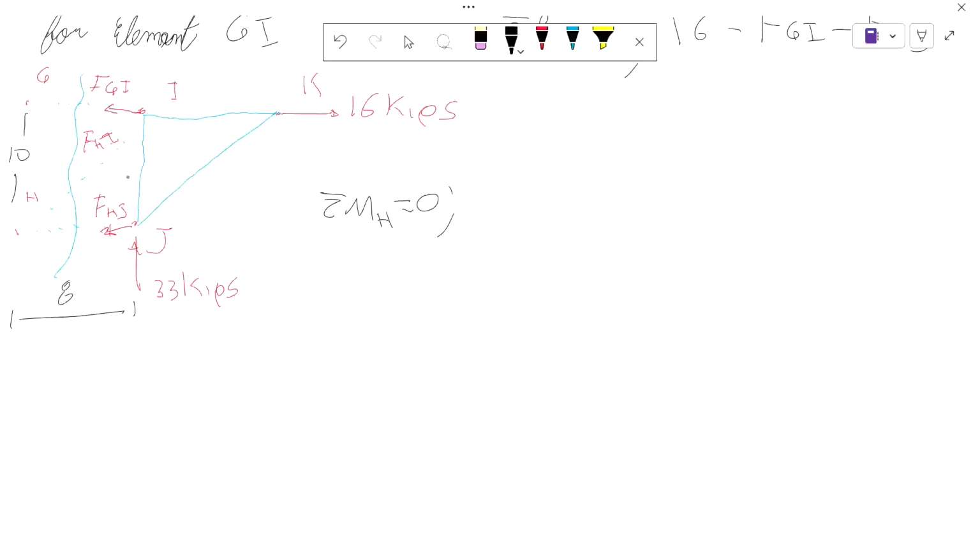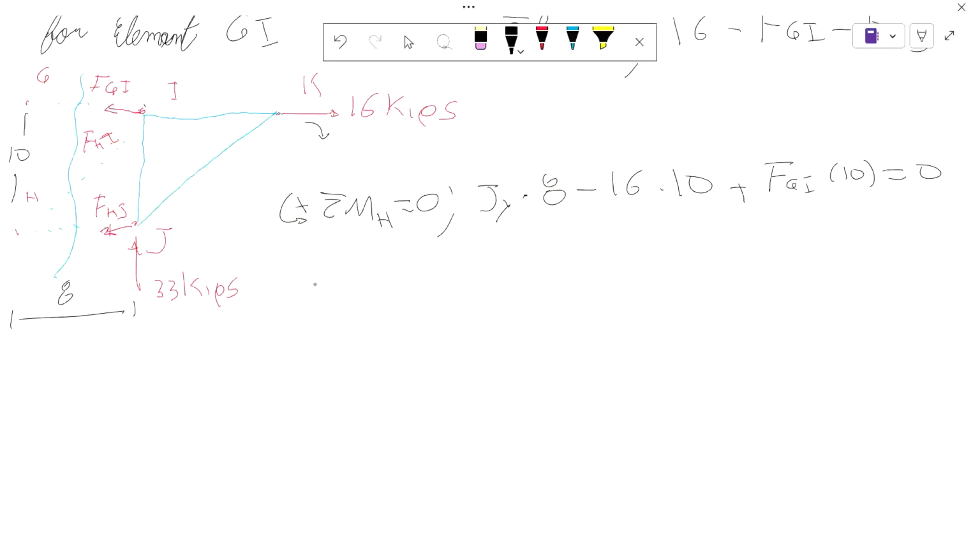I keep saying momentum, or moment. So this is going to be counterclockwise positive. So the force at Jy times 8 will give us a positive moment. Then we have a negative moment, pulling down, negative 16 times 10. And then the one that we care about, which will give us a positive moment, which is FGI times 10 equals 0.